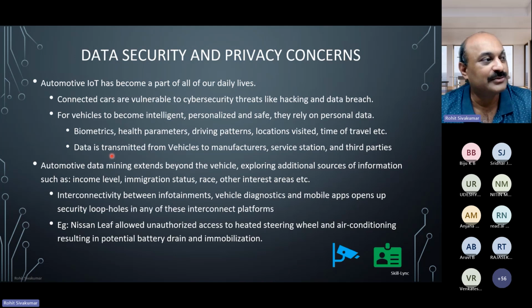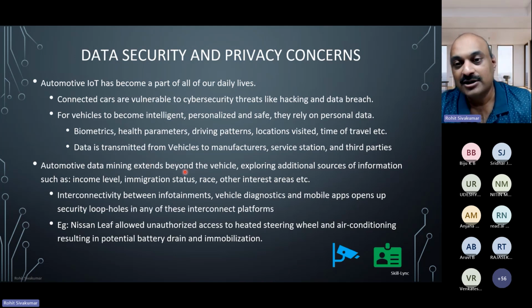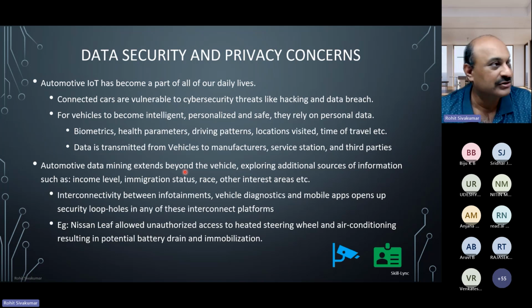Similarly, data is being transmitted from the vehicles to manufacturers, to service stations, to third parties. So you don't want to have targeted advertisements happening. If you are somebody who really doesn't want to be bothered with all the marketing that is going around, you want to be careful about what data is being sent. Is it being sent with your consent? Because there are a lot of privacy data laws prevalent in different countries, and you have to respect those.